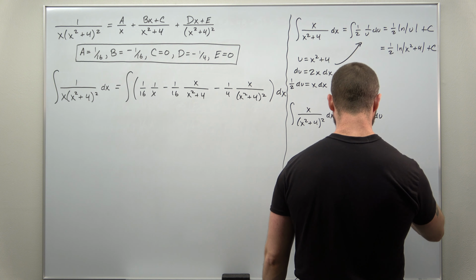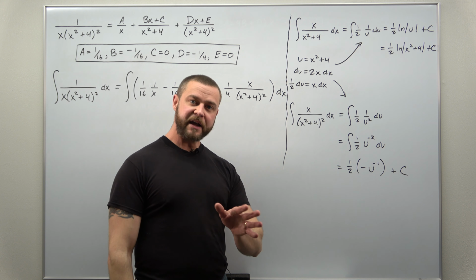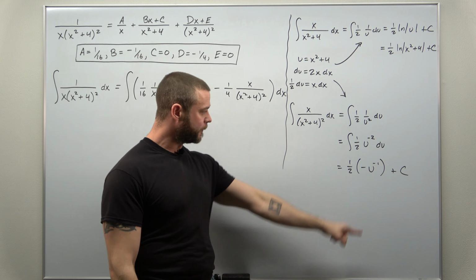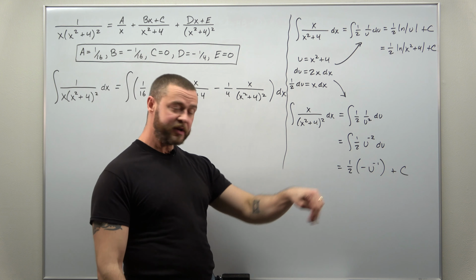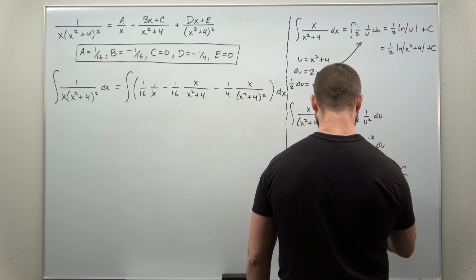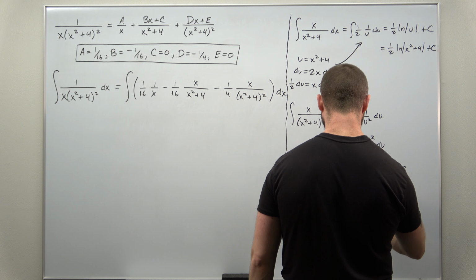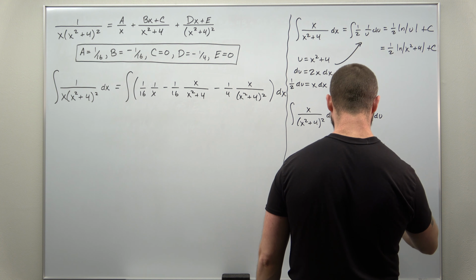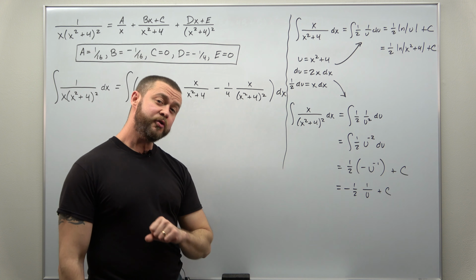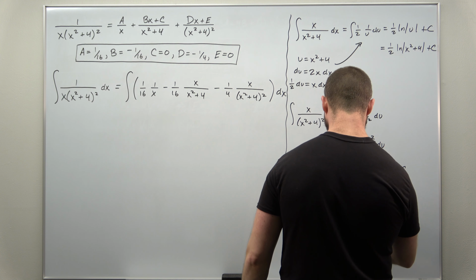We're dividing by negative 1. And just to make my answer look as clean as possible, I like to rewrite the negative exponents as fractions. We can rewrite that as negative 1/2, 1 over u plus c. And then back substitute your same u that we used. U is x squared plus 4.